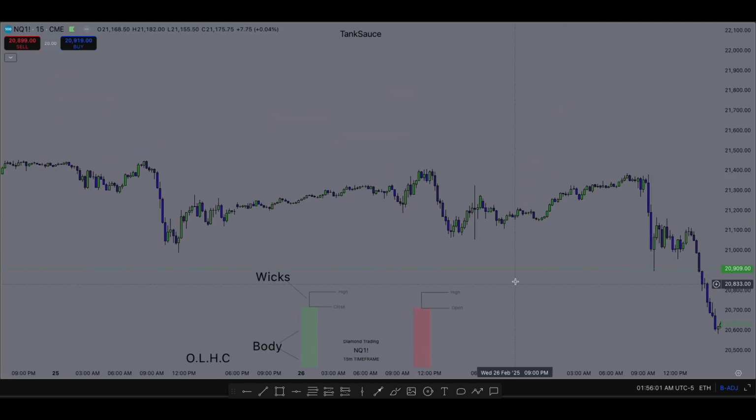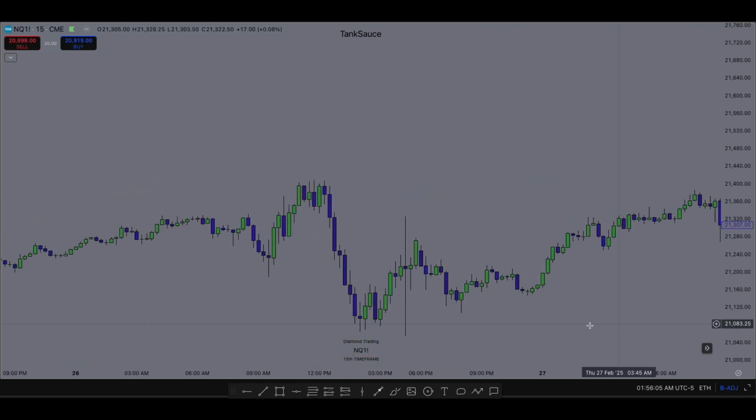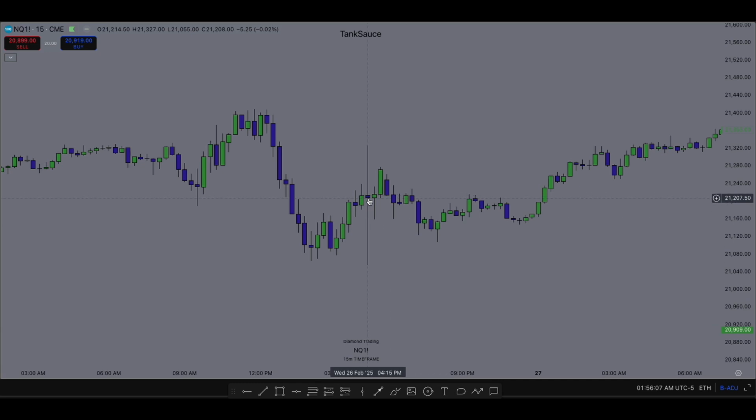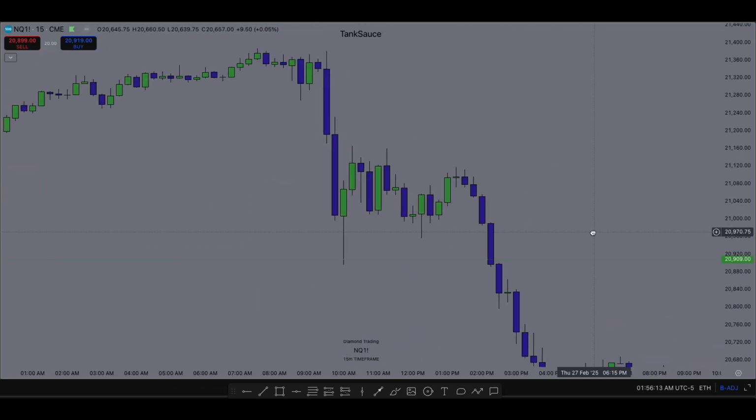And as we get more in depth, we're going to show you guys as time goes on more of what different candles mean. Like if you see a candle with a teeny tiny body and giant wicks, what does that mean, right? If you see a candle here with a giant wick on the bottom and then a little green body and then a little wick on top, what does that mean, right?